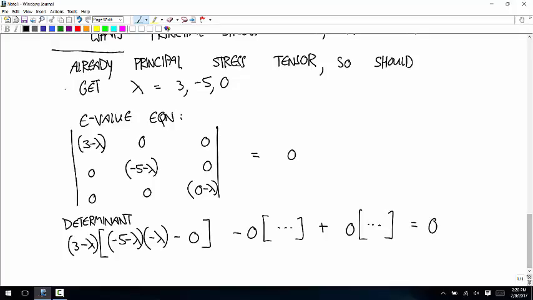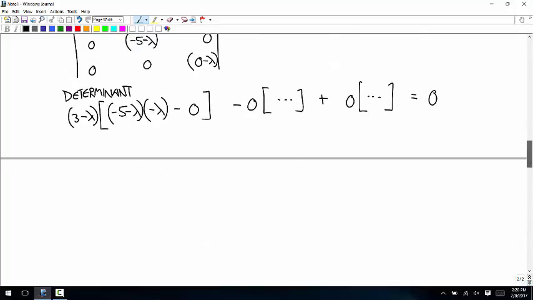And so what we get is 3 minus lambda times 5 minus lambda times lambda is equal to 0. And what are the roots of this polynomial? Lambda equal to 0 is one. The only way to make this polynomial equal to 0 is to make one or more of these factors equal to 0.